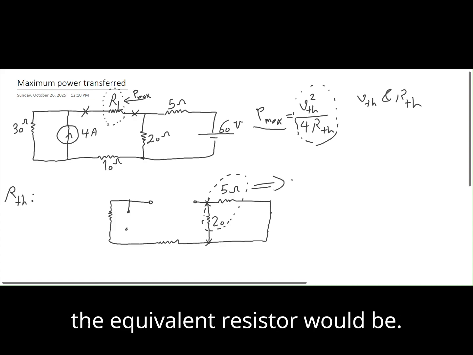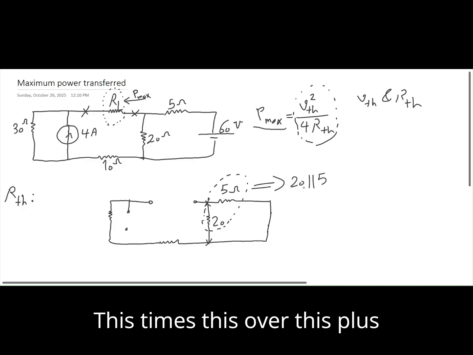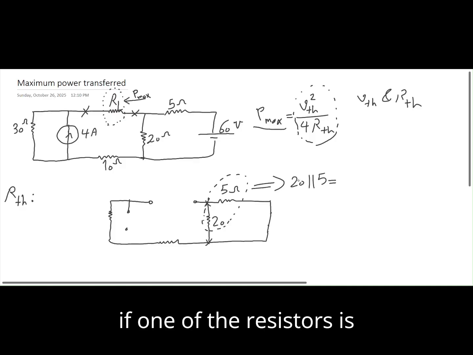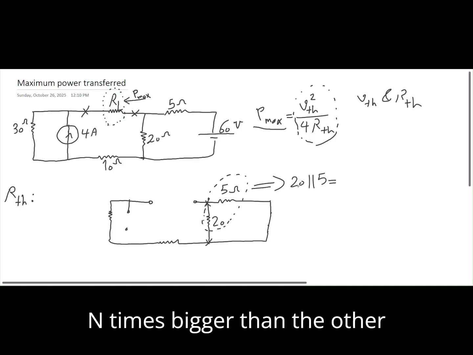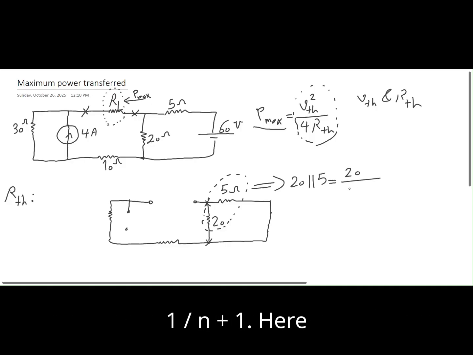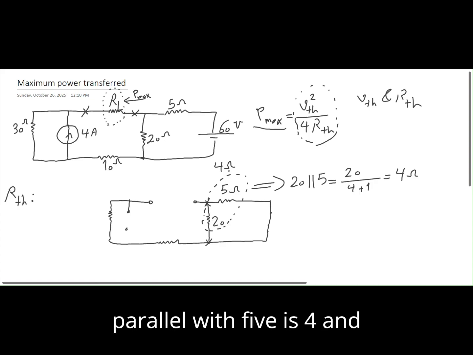The equivalent resistor would be this times this over this plus this. Another way is that if one of the resistors is n times bigger than the other one, the equivalent becomes the bigger one over n plus 1. Here n is 4, so 4 plus 1, which is 5. 20 over 5 becomes 4 ohms. So the equivalent resistor of 20 parallel with 5 is 4.